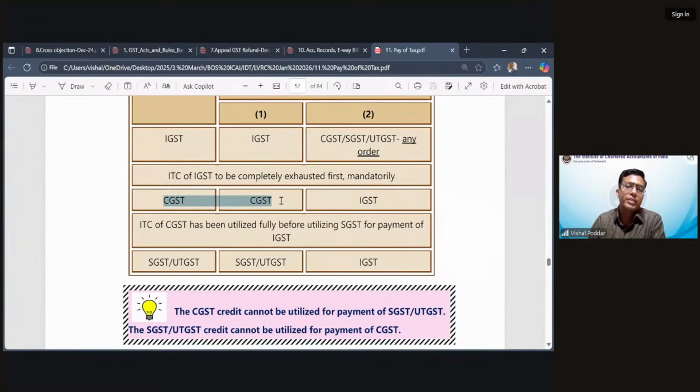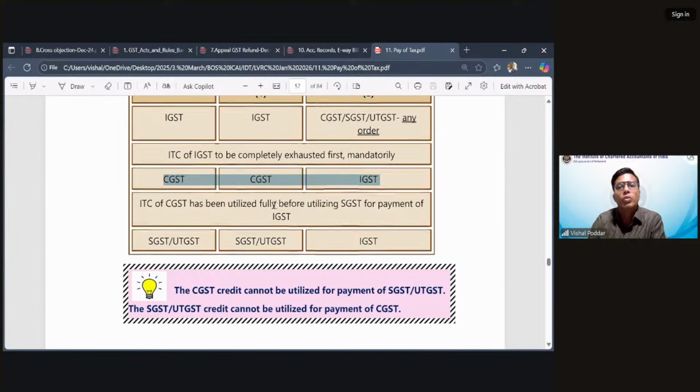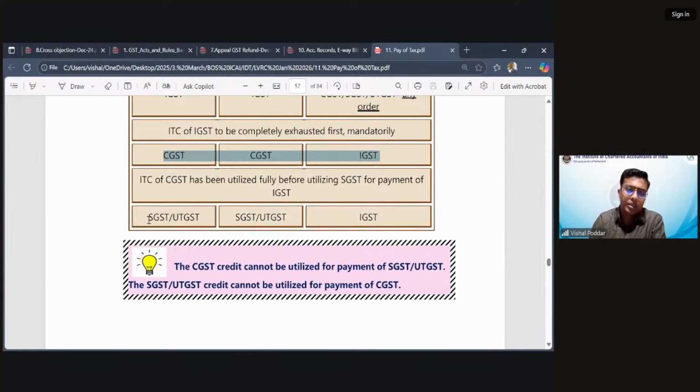After you have paid CGST tax, then only you can utilize the CGST for IGST. So when you are utilizing the CGST credit, it has to be compulsorily first used for CGST tax liability. After completely paying CGST tax liability, you can use it for IGST tax liability.